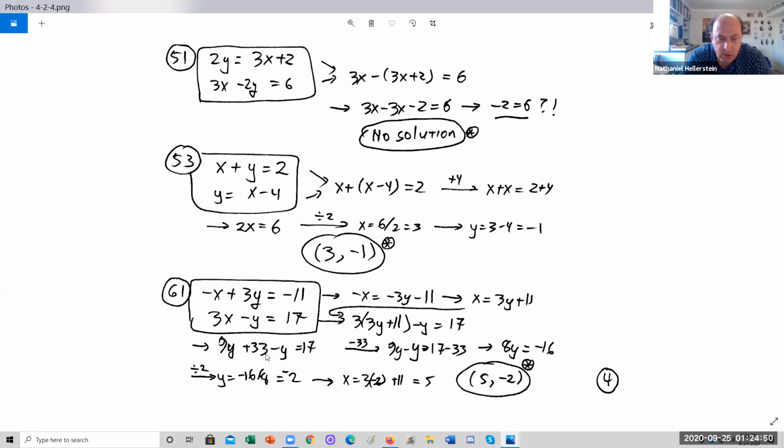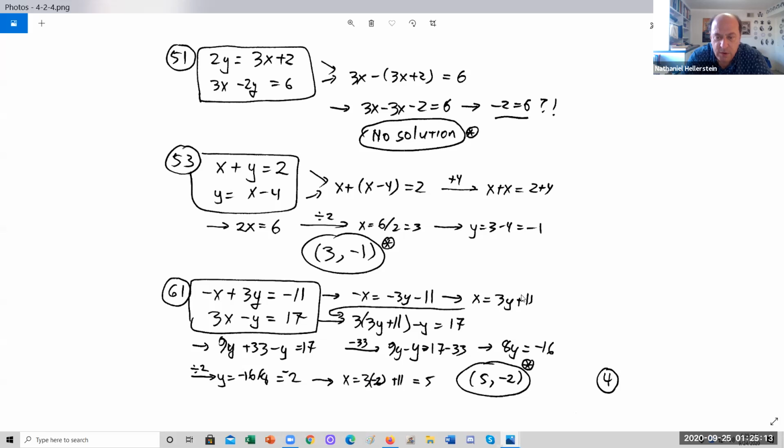Let's subtract 33 from both sides to move it to the right. Get 9y minus y equals 17 minus 33. This combines on the left to 8y, and 17 minus 33 is negative 16. So 8y is negative 16. Divide both sides by 8, and we get y equals negative 16 over 8, which is negative 2.